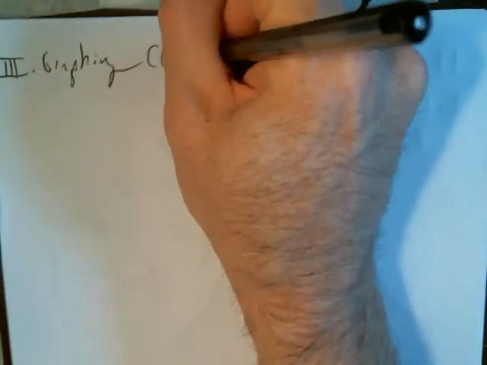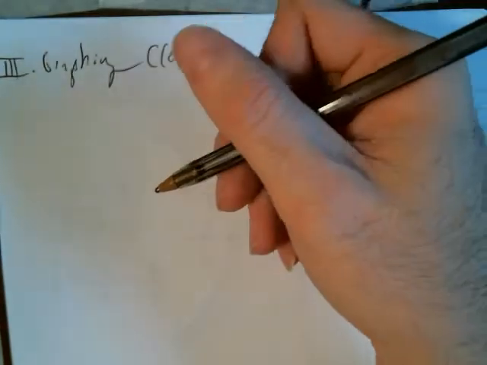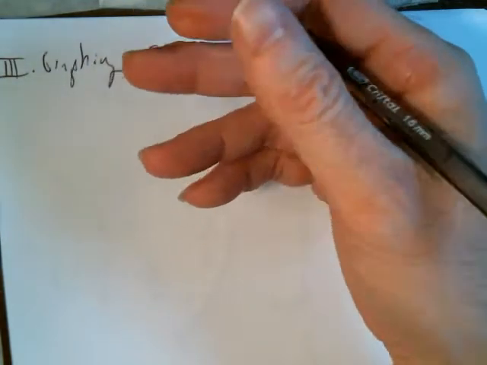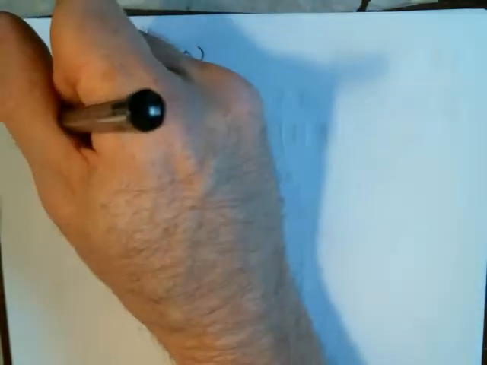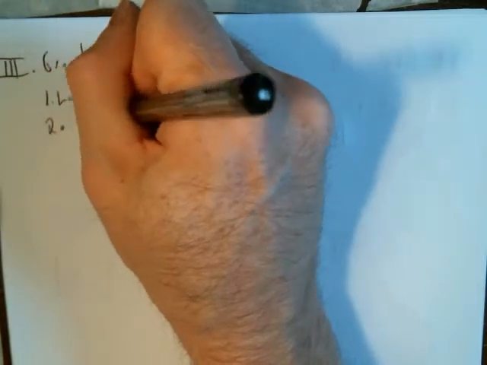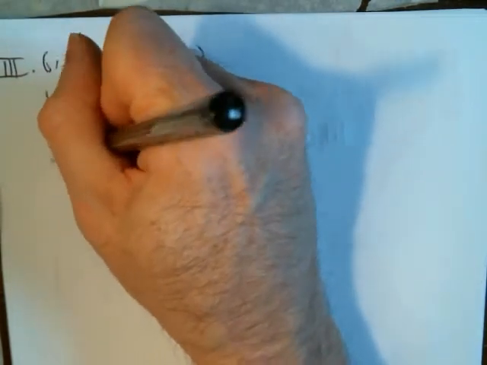Of course, we're going to look at hyperbolas centered at (0, 0), and later at hyperbolas centered at varying centers like (h, k). For those centered at (0, 0), the way I want you to do it is: first, locate the vertices, the major and minor vertices. Secondly, draw your rectangle. And thirdly, draw your asymptotes.